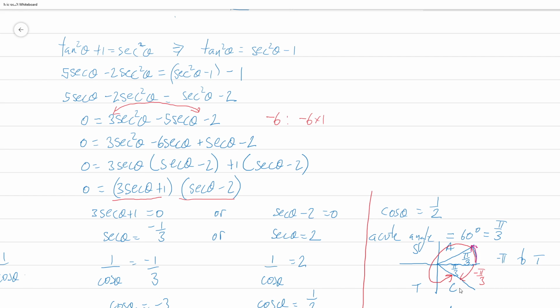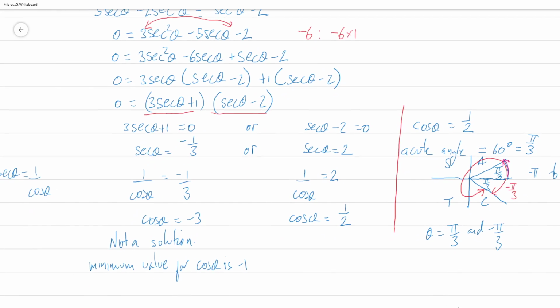And the other answer for this quadrant would be negative pi on 3, because you're not allowed to give a value for theta that exceeds pi. You need to convert it to between pi and minus pi, so you need to give your angle as minus pi on 3, where you go in the opposite direction, which is a clockwise direction.